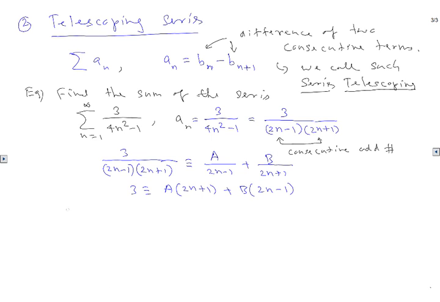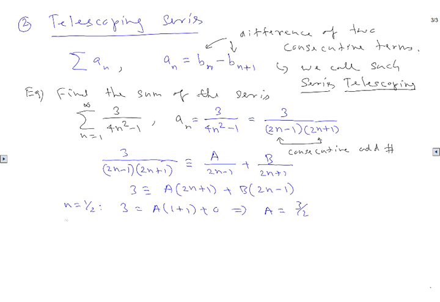So I'm going to plug in. What you want to do is make the term on the right side 0. That means you're going to plug in n equals 1/2. Once you plug in n equals 1/2, that makes the term in the parenthesis 0. So that's how we pick this. So you can say 3 equals A times, when you plug in 1/2, this gets 1 plus 1, plus 0. So this is going to give you A equals 3/2.